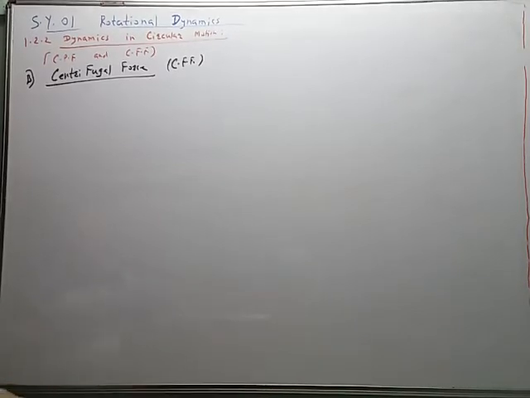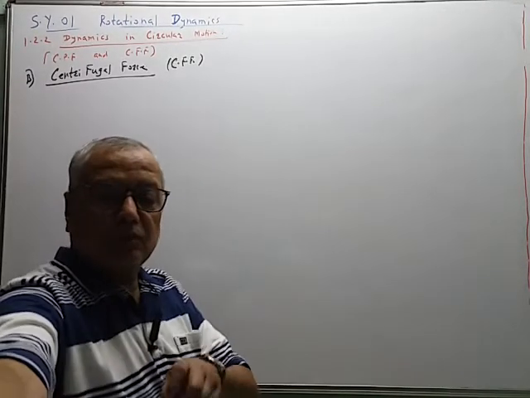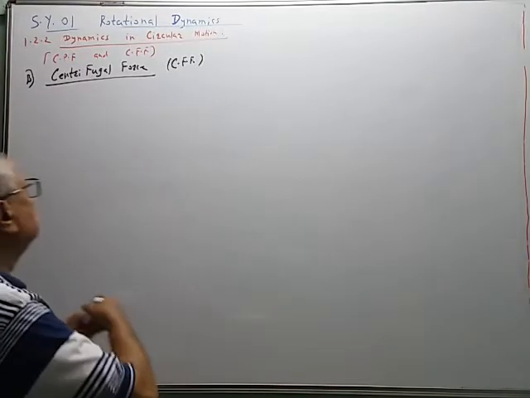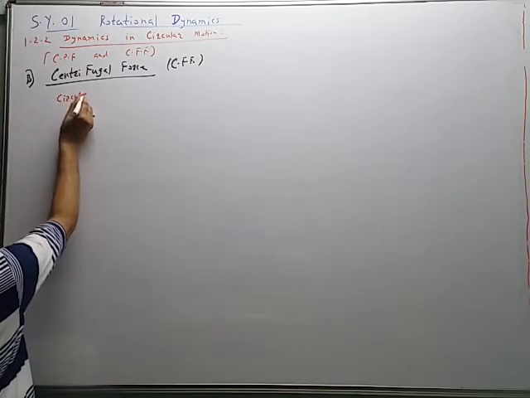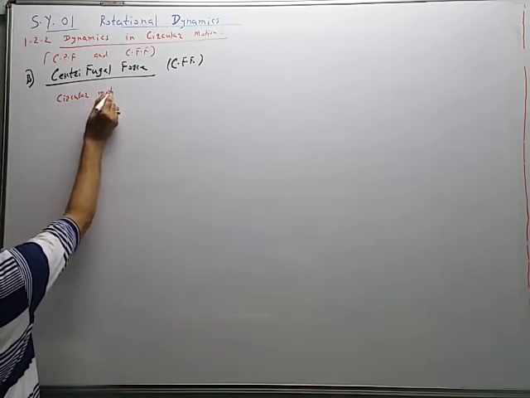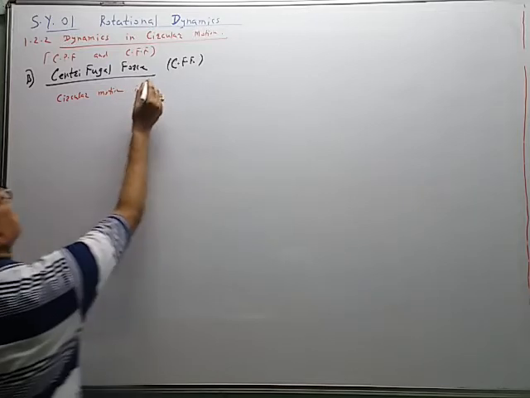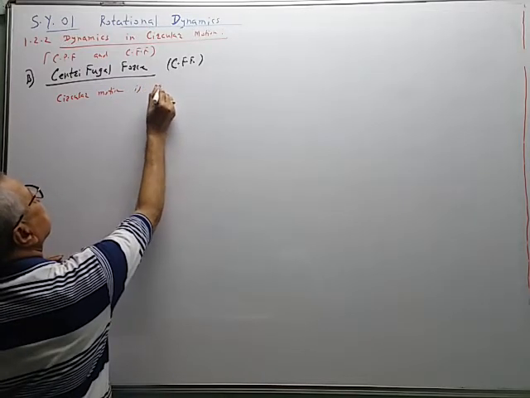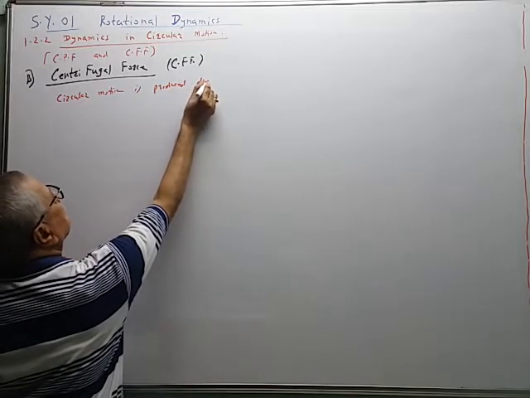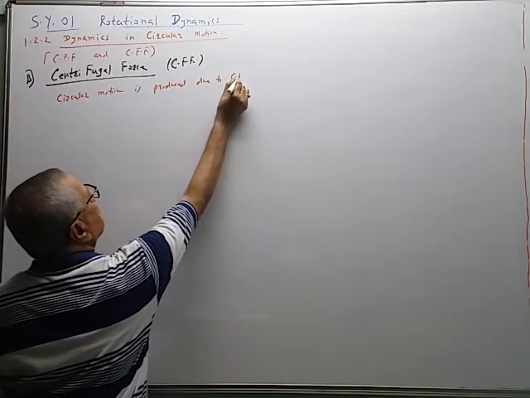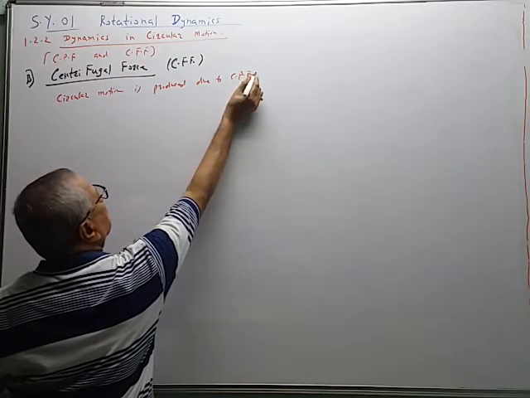Now we know the properties of circular motion. Circular motion is produced due to centripetal force.